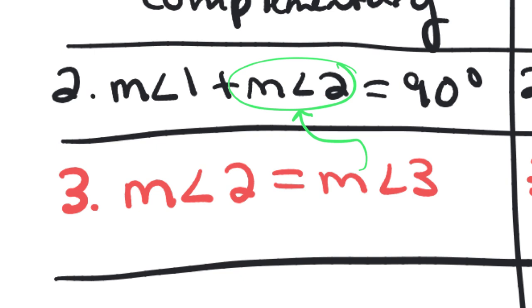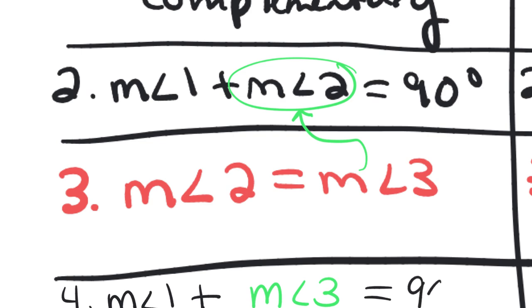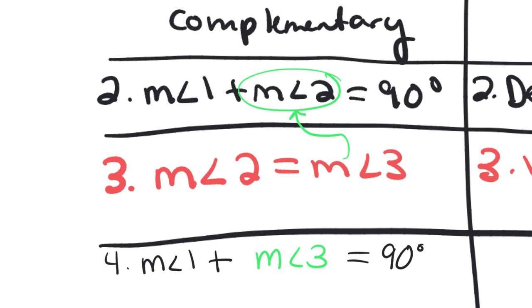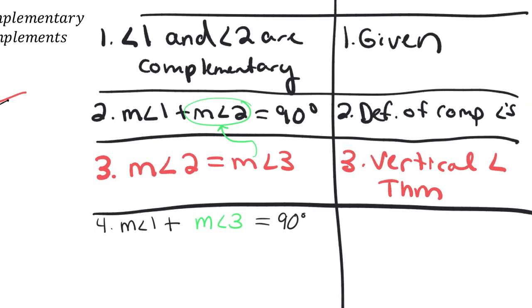So our next step, step 4, is going to be the measurement of angle 1 plus the measurement of angle 3 equals 90. So we're basically rewriting step 2, but replacing the 2 with angle 3. Okay, and again, that was called substitution property.